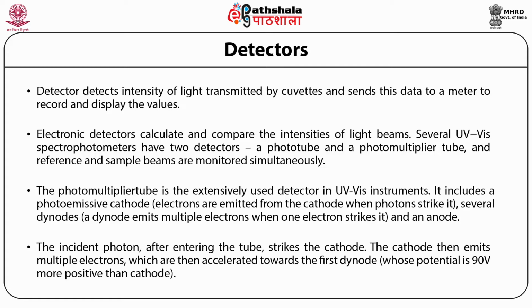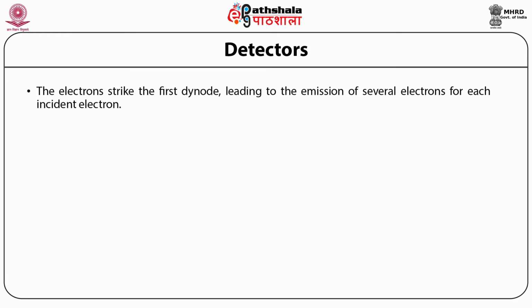The cathode then emits electrons, which are accelerated towards the first dynode, whose potential is 90 volts more positive than the cathode. The electrons strike the first dynode, leading to the emission of several electrons for each incident electron.